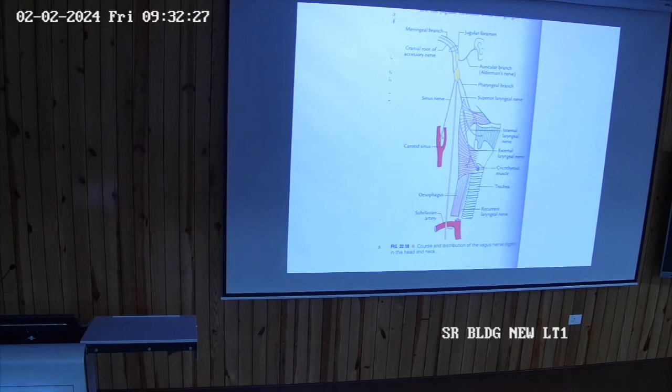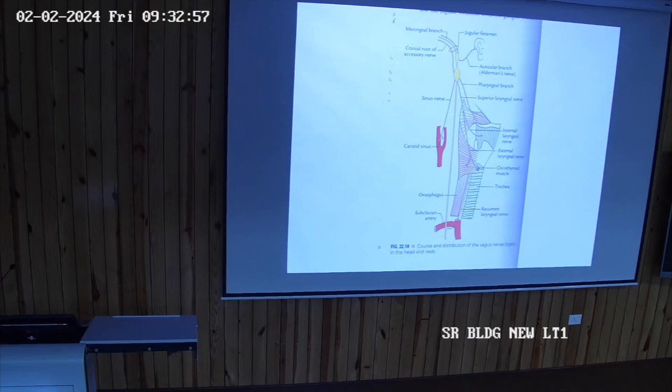See where the branch comes out, just below the jugular foramen. First of all, it comes down from the jugular foramen and then ascends upwards, going into the cranial cavity again through the jugular foramen, and as it comes into the cranial cavity it gives meningeal branches to the dura mater of the posterior cranial fossa.